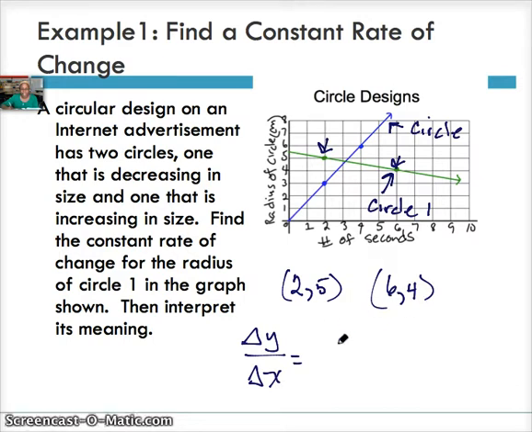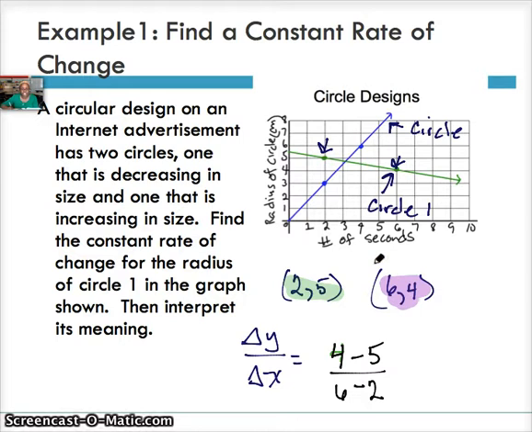So the y values I'm going to start off with, and you remember I was doing this highlighting thing. I don't know if that was helpful to you guys, but I'm going to give 2 different colors to our points so I can keep things a little bit organized. So I'm going to do purple 4 minus the 5, remember this is the change in y, over, and I have to keep my order, purple 6 minus the 2.